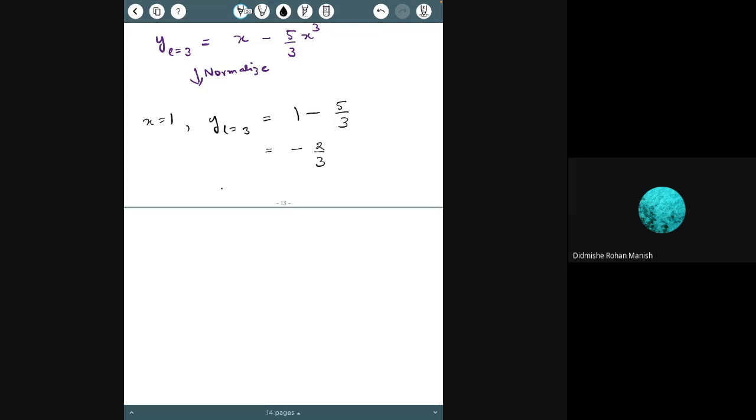So if I want this to be 1, then it should be minus 3 by 2, my normalization factor. Right. So let's just look. So Legendre polynomials.